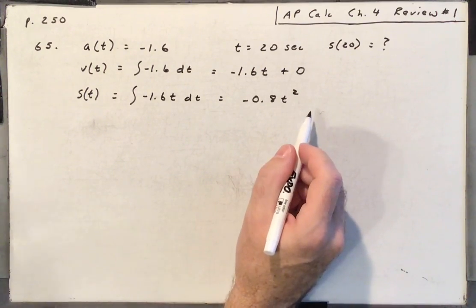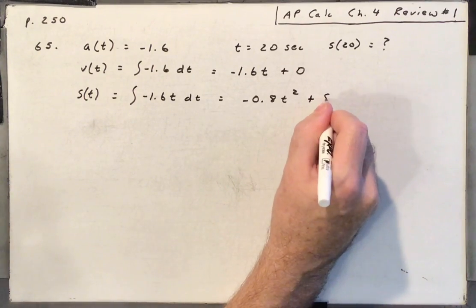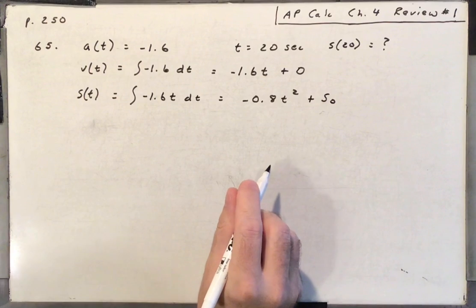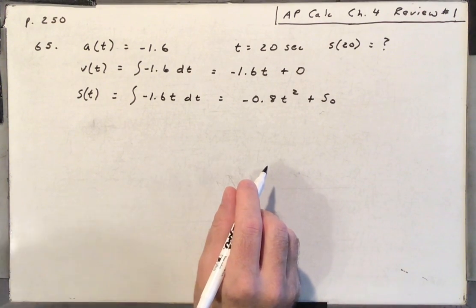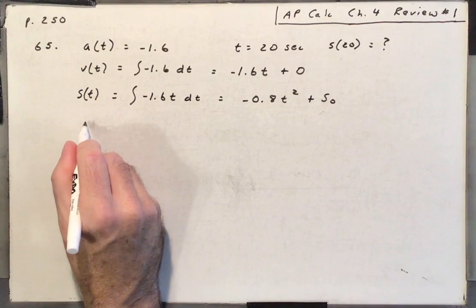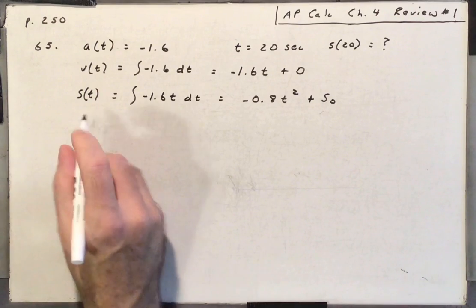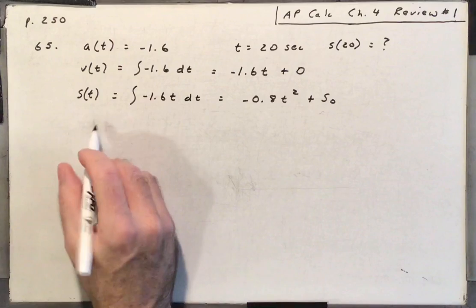The initial position, all right, we're going to figure that out, right? So plus s naught. All right, so s of 20, so at the ground, s of t is equal to 0.